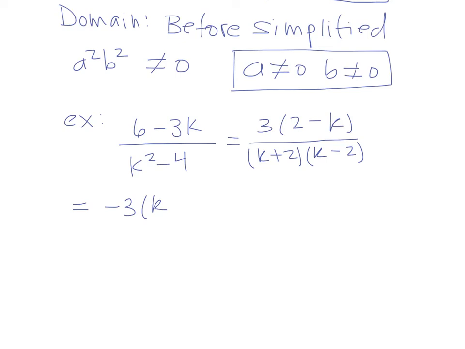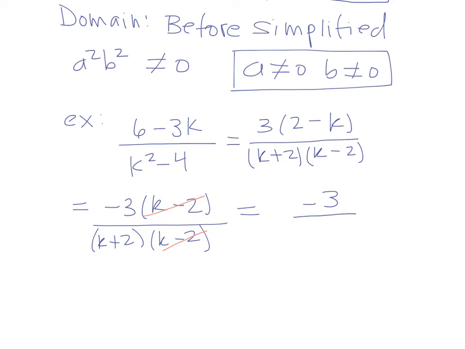And if we take a negative 1 out of a positive 2, we're left with a negative 2. So now over the denominator, we have a common factor of k minus 2. So those will cancel. And our simplified rational expression is negative 3 over k plus 2.